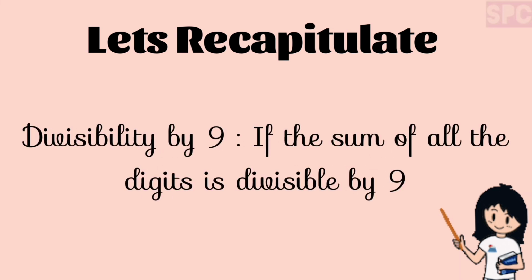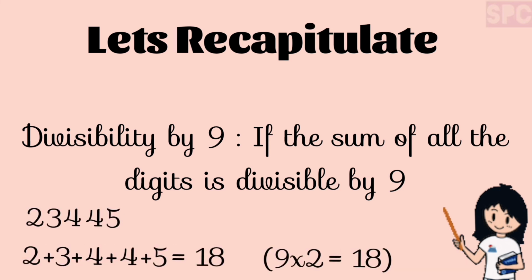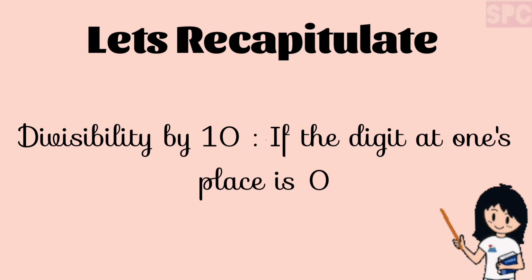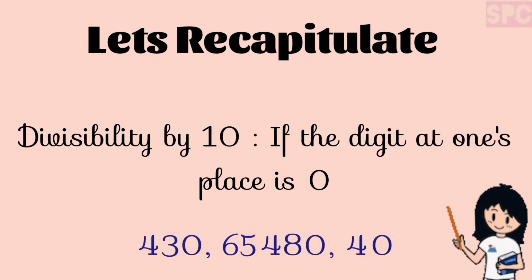Next is number 9. The divisibility rule for number 9 is just similar to number 3. The sum of all the digits should be divisible by 9. Then that number will also be divisible by 9. For divisibility by 10, it's very simple. The digit at one's place has to be 0. If it is 0, then only that number will be divisible by 10.